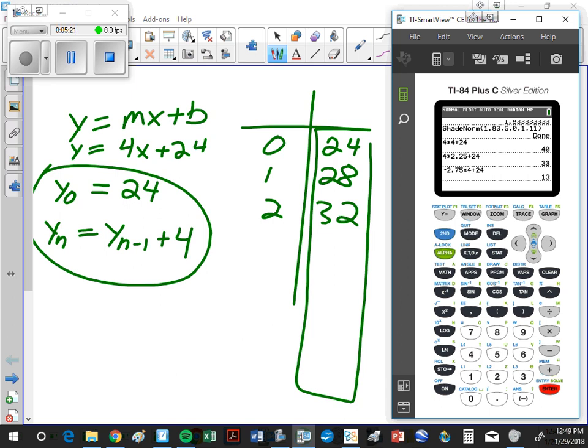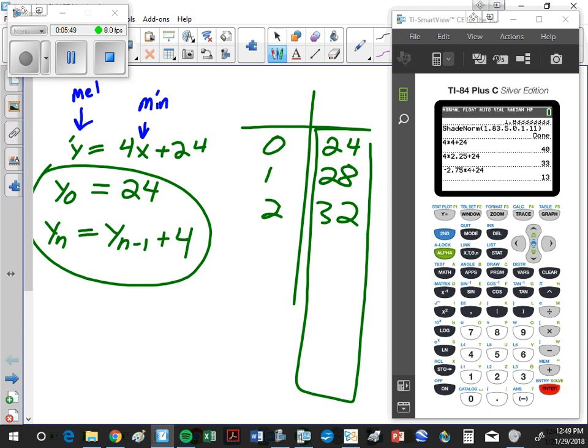Okay. What about the next one? When will the truck have 48 melons? What do we do with that? How do you find 6 minutes? Stick that in for y. So in this equation, it's important to know that x is in minutes and y is in melons.